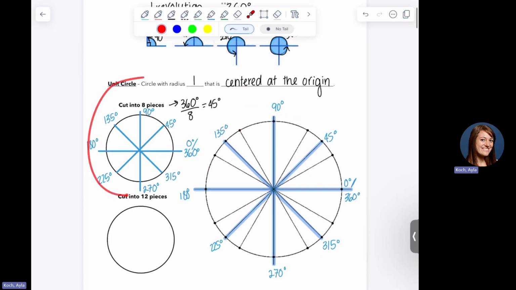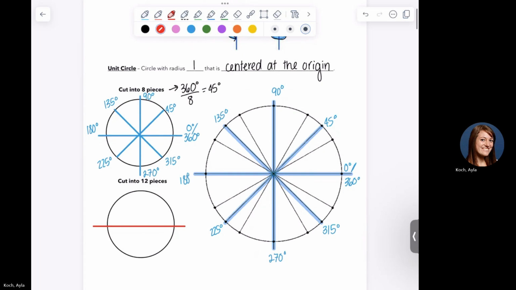Well, we can split it into 8 pieces, but another way we can split this up is into 12 pieces. If we're splitting it into 12 pieces, I would start by cutting it in half. And now I need to split each of those sides into 6 pieces. I can start by doing the best we can to make it into thirds on each side.